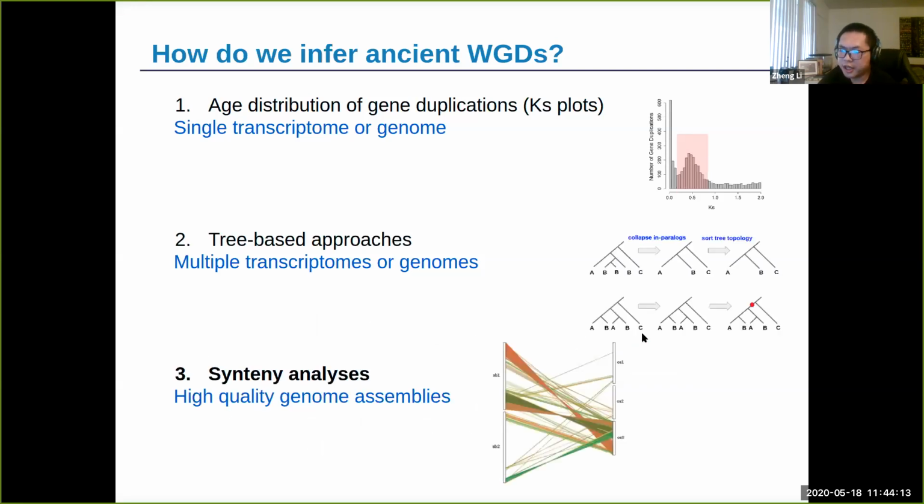And the last one is the syntenic analysis, which requires high-quality genome assemblies. Synteny just means the collinear blocks in the genomes that result from the whole genome duplication event. This is usually considered the gold standard for inferring ancient genome duplication events.